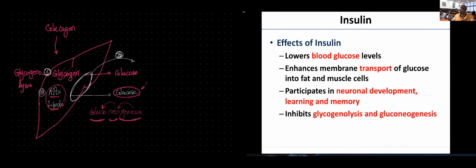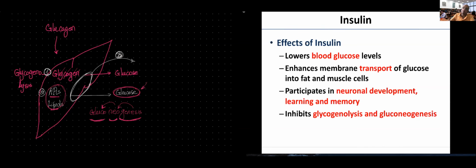Insulin targets almost all the body organs, and its main function here is to allow the glucose to move from the blood into my cells, for the cells to utilize this glucose and use it as a source of energy.